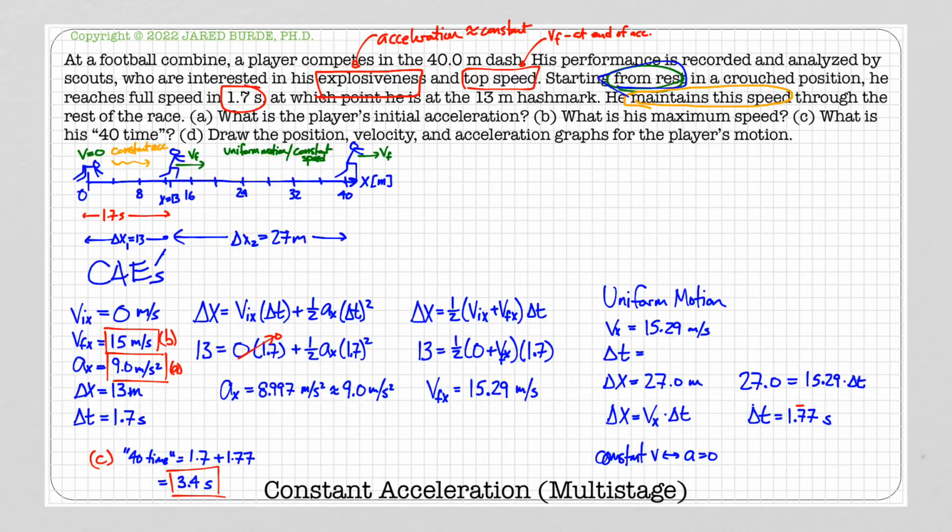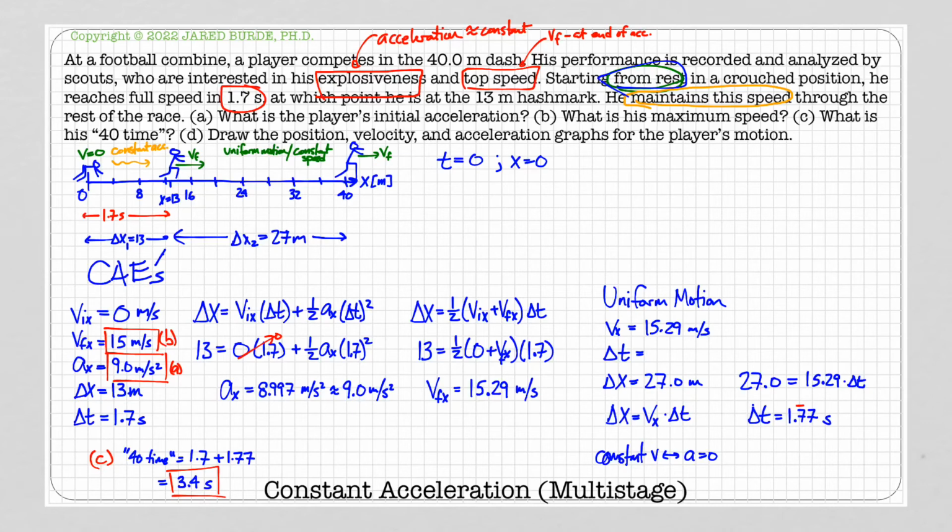Now that we have all of the answers to the questions we've been asked, we can find the position, velocity, and acceleration graphs. In this case, we want to tabulate what we have. We know that at t equals 0, our position was 0. We're starting at the origin.